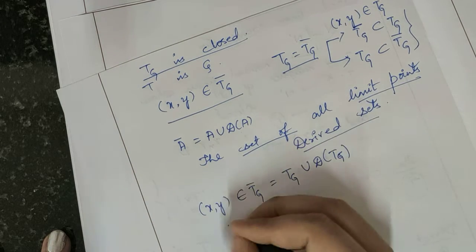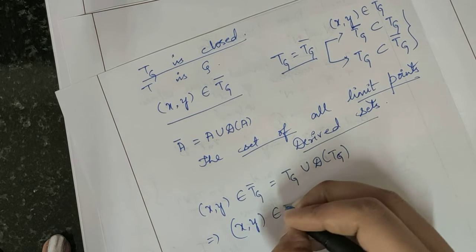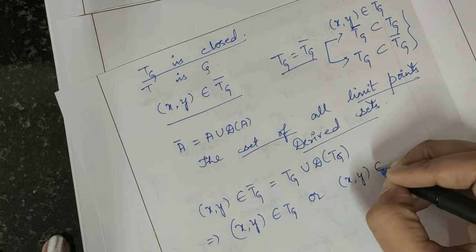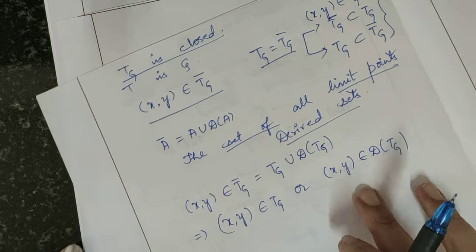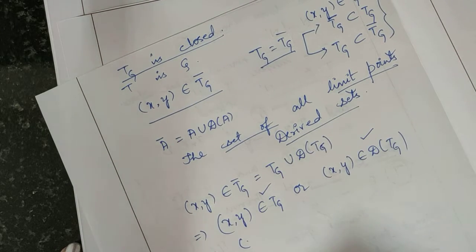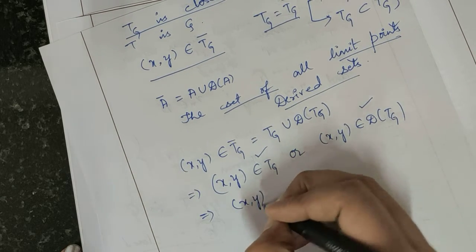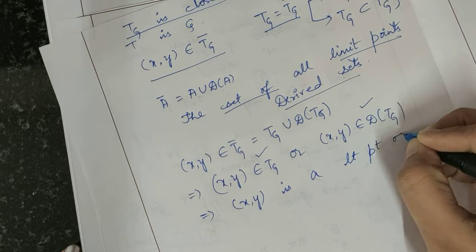So this implies that (x, y) belongs to TG or (x, y) belongs to the derived set of TG. From this I can say that you can choose any of these two, which says that (x, y) is a limit point of TG, right?